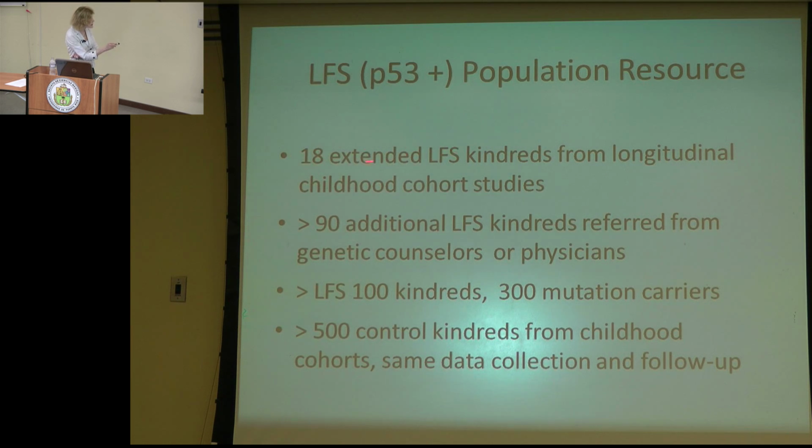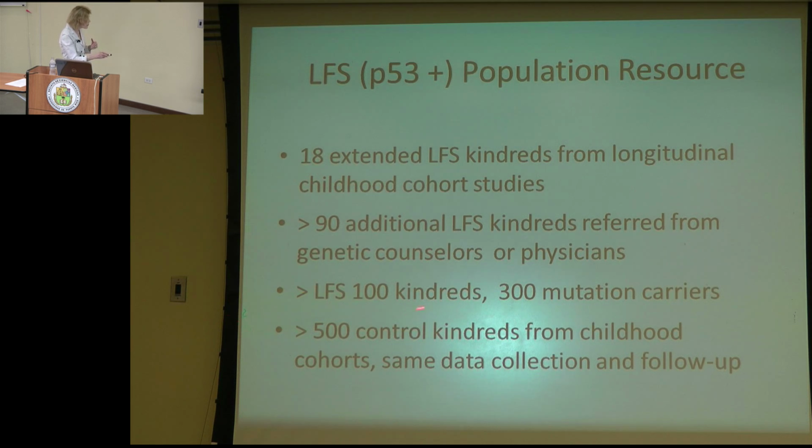We have the 18 extended kindreds from those childhood cohort studies I just described to you, where we studied every patient who had come in during that time in a systematic way, and we have now followed those families for many years. We have an additional more than 90 families that have been referred to us through genetic counselors, either within our institution or from outside.